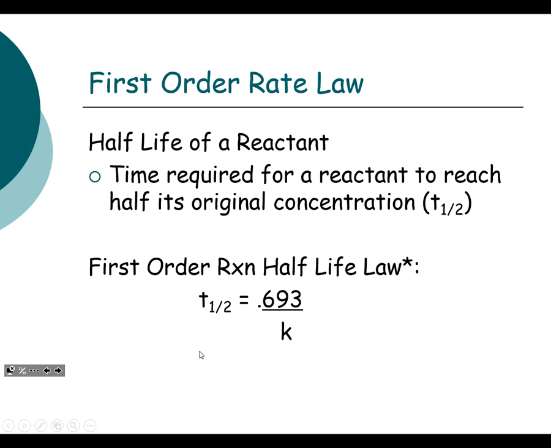For a first order reaction, t1/2 equals 0.693 divided by K, that rate constant. So remember when I said you get your order, you get your rate law, and then you get your K. You have to have K. Everything else revolves around using that K in some way or another. So there is that one.